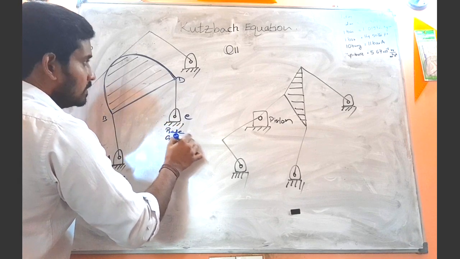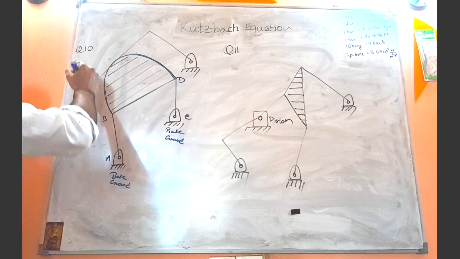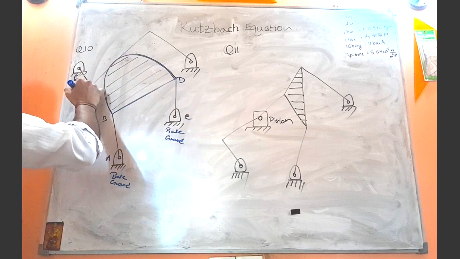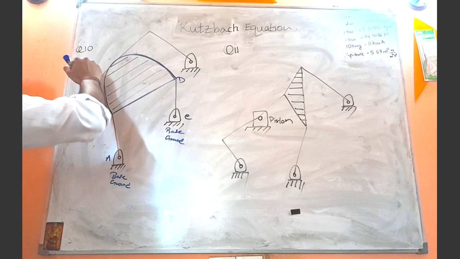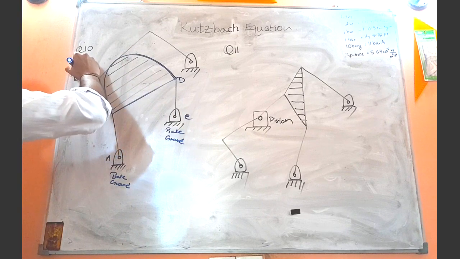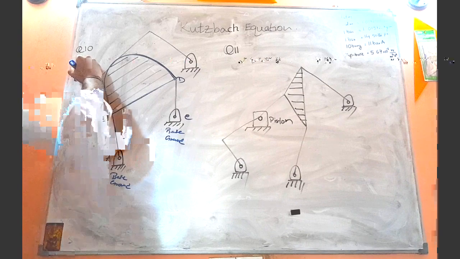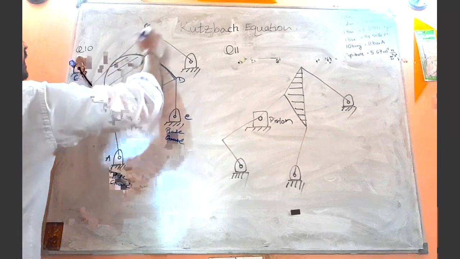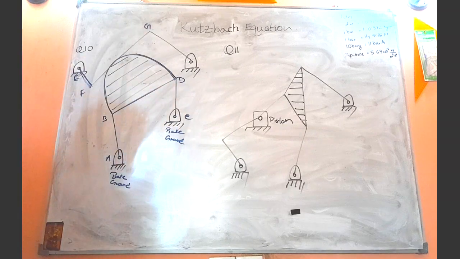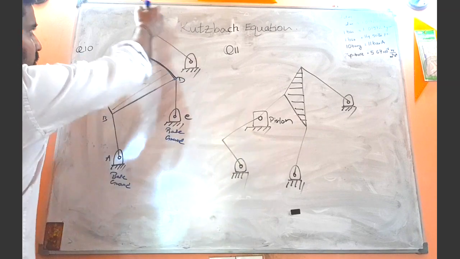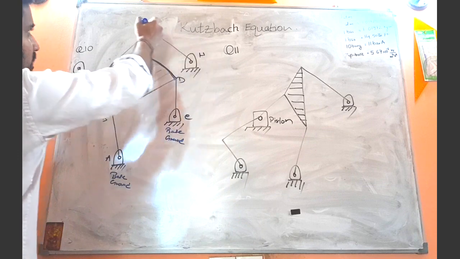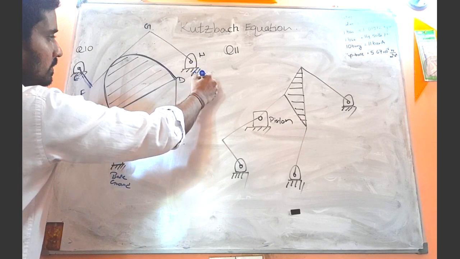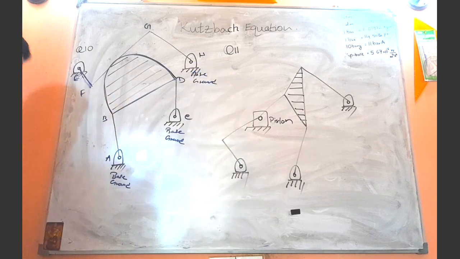And this is the link EF, see this one. And this is link FG, and this is the link GH, and this is the base or the ground, right?